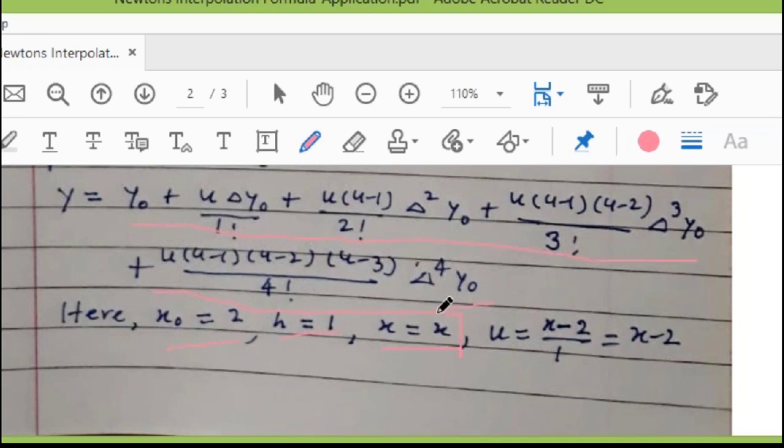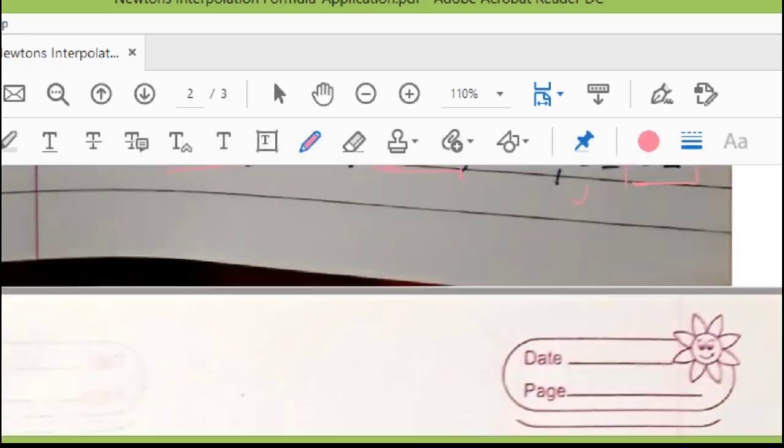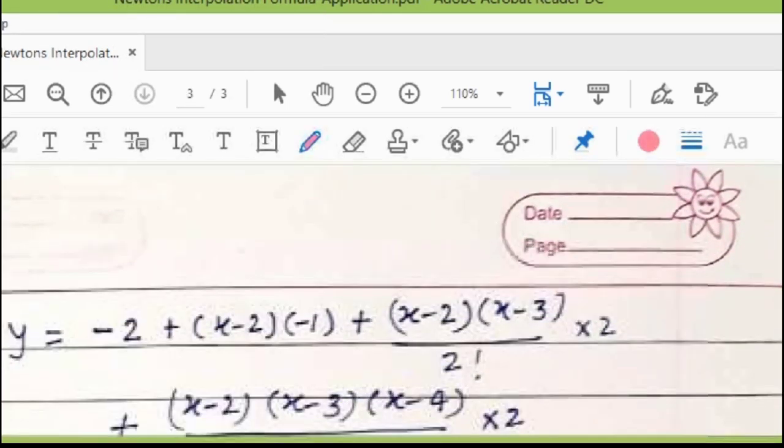For your convenience I have written it like this, and u is equal to (x minus x naught) upon h, that is, x minus 2 upon 1. So u has come out not as a concrete value but involving x. Since we want to have the polynomial, it is involving x, the independent variable.